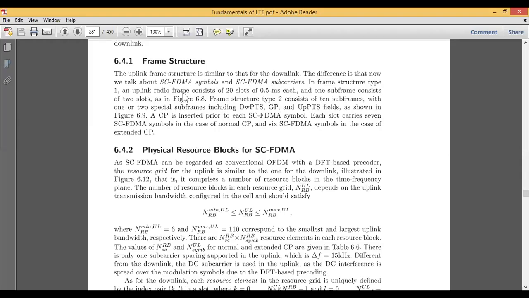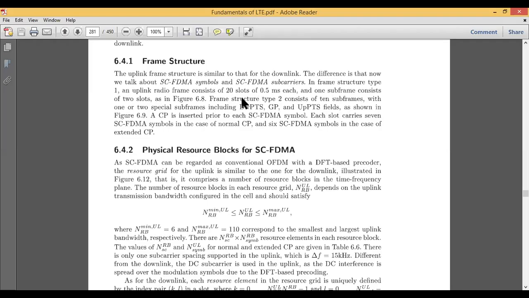If you make use of, for example, a frame structure of type 1, there are many types: type 1, type 2, type 3, and it goes on. If this structure makes use of the type 1 frame structure, then the frame consists of 20 slots of 0.5 milliseconds.